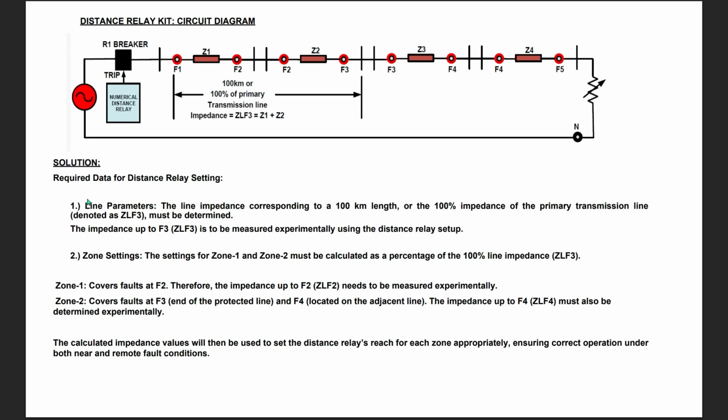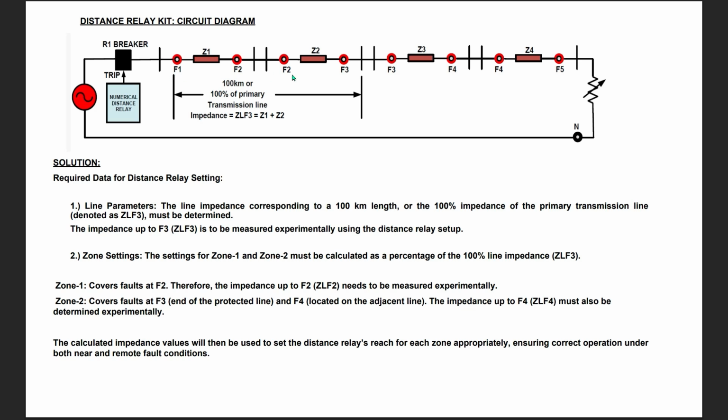The solution in detail is, these are the required data for distance relay settings. The line parameter, that is the line impedance corresponding to a 100 kilometer line, because in the software we have to give the impedance corresponding to 100 kilometers of the line. That is also considered as the 100% of the primary transmission line.